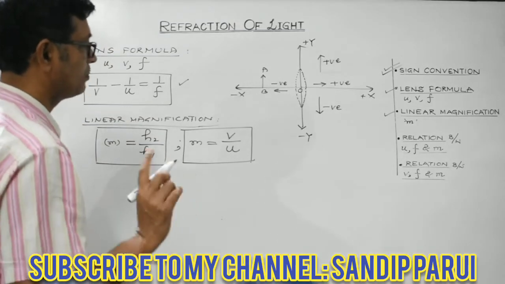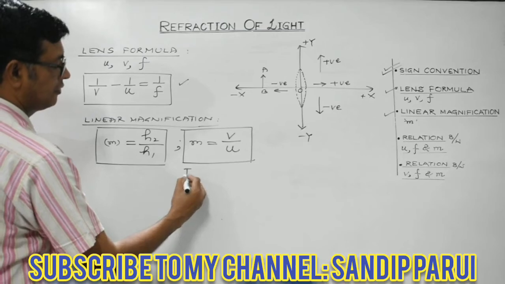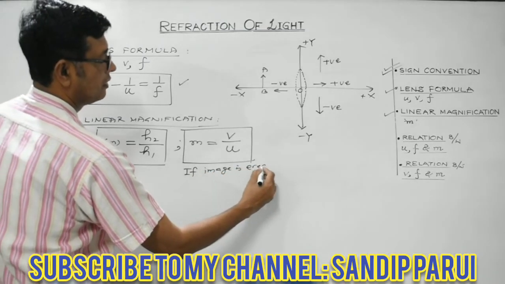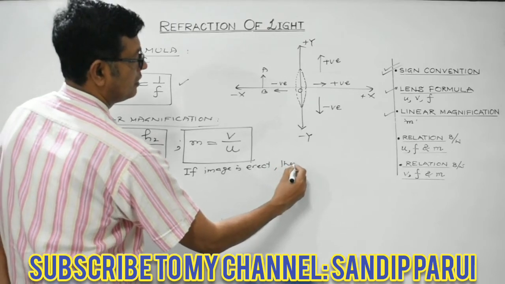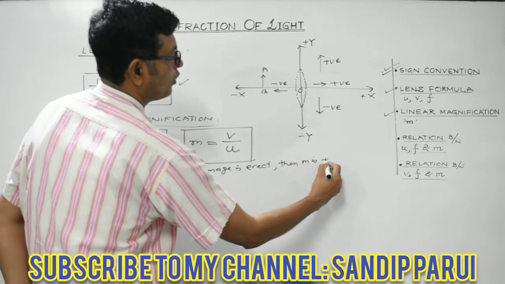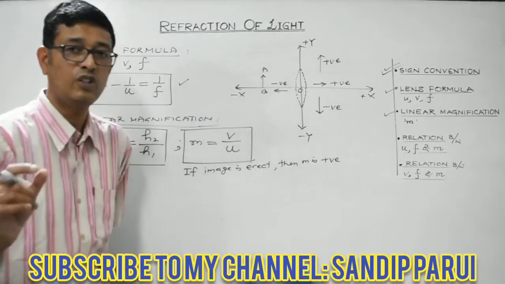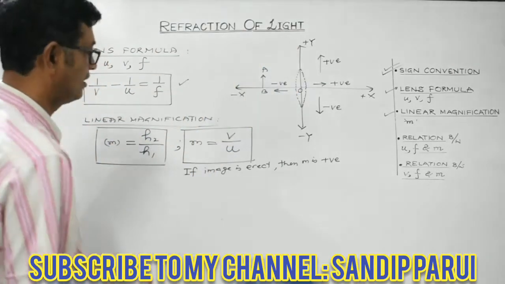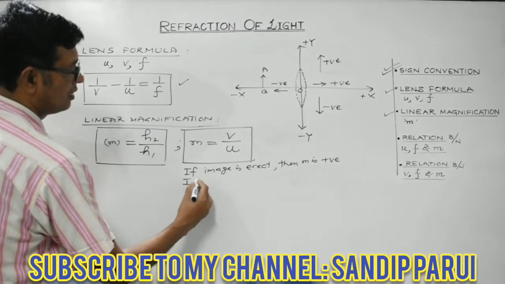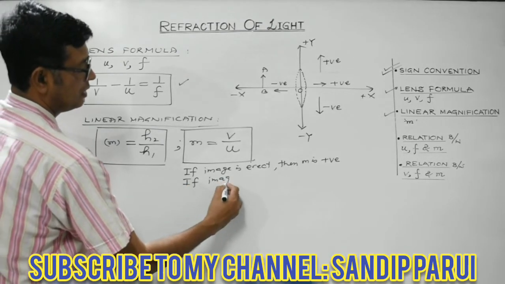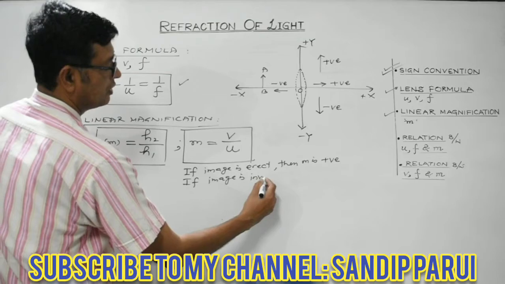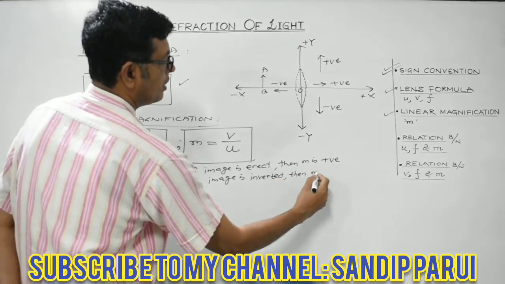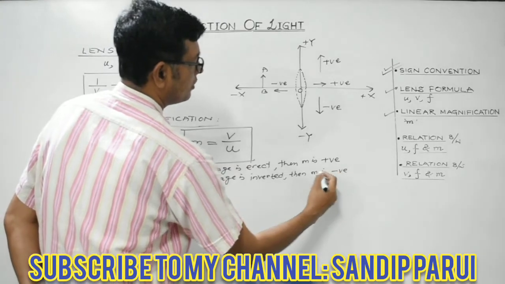And here I must mention, if image is erect, then m is positive. So positive sign of linear magnification suggests that the image so obtained is erect. While if image is inverted, then m is negative.